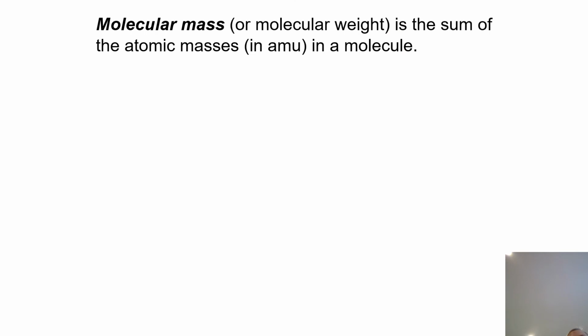So what is molecular mass? Molecular mass is going to be the mass of one molecule or compound. So it's the sum of the atomic masses in AMUs of those atoms in the molecule. So this is a compound, as I said. They're using SO2 as an example here. We see that we have a sulfur atom and 2 oxygen atoms.